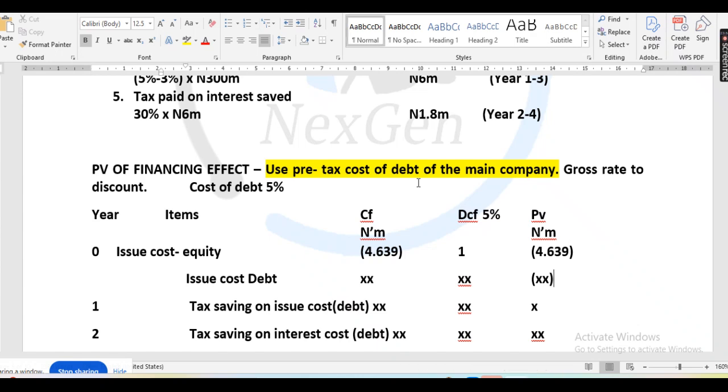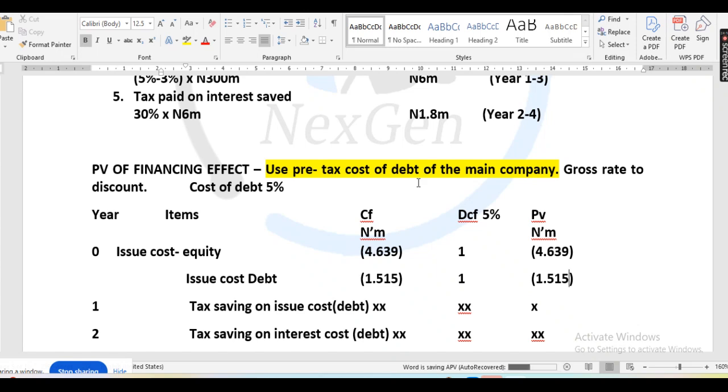Then what is the issue cost on debt? 1.515. So this will still have 1.515.